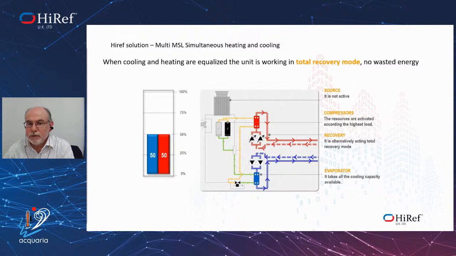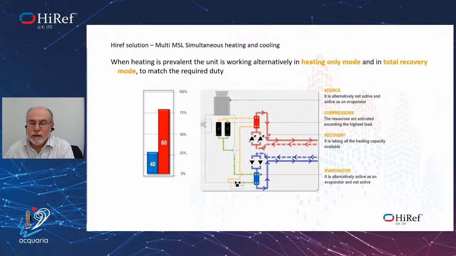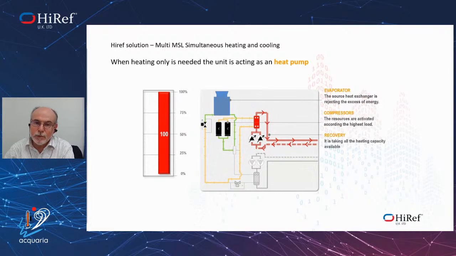And you've got a balanced system, 50% heating, 50% cooling. And then going the other way, you can go onto heating and you reject what doesn't need to be cooled out. And so you're gradually taking it out until you can get to 100% heating.